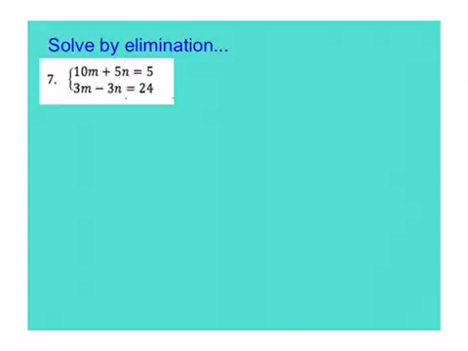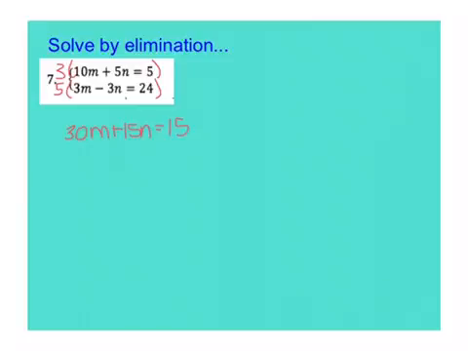So I'm going to times the top equation by a 3, and I'm going to times the bottom equation by a 5. So let's see if that gets me to get something to cancel out. So I get 30m plus 15n is going to equal 15.